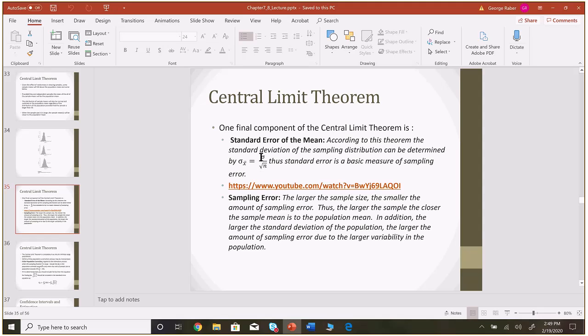What this is saying is, how much error will there be in the sample means? The amount of error in the sample means is related to the standard deviation in the population divided by the square root of the number in the sample.